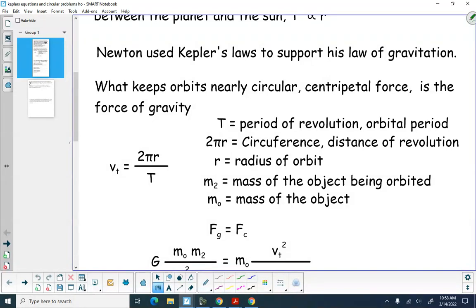We know we can calculate your velocity, your average tangential velocity. This is an average.